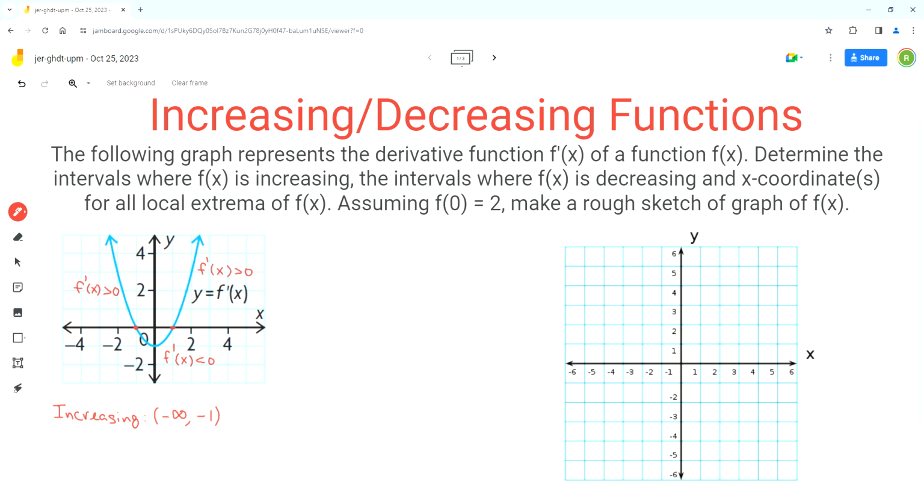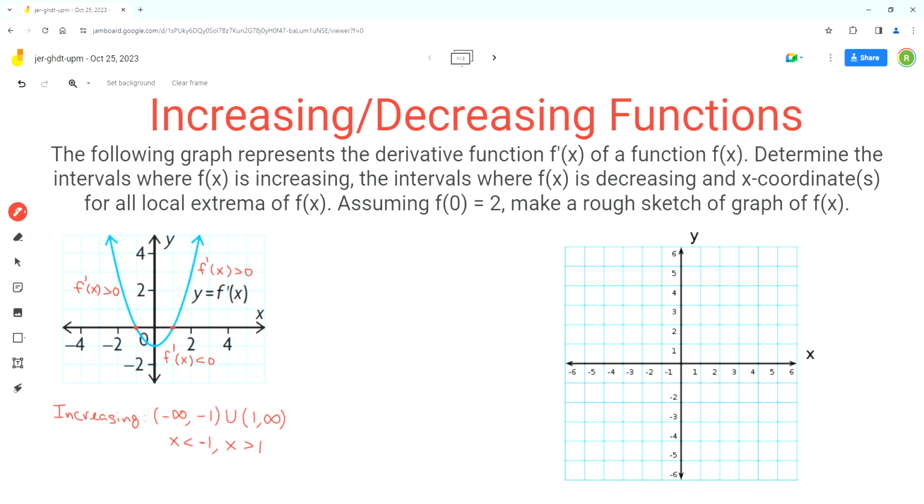And this function is also increasing to the right side of 1, that means all x values from 1 to positive infinity. Now these intervals can be written in inequality notation as x is less than -1 and x is greater than 1.